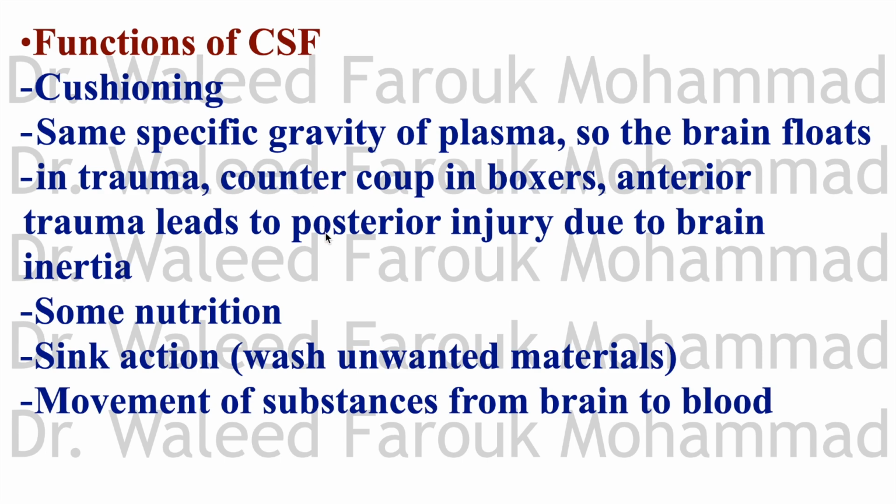In trauma, because the brain is floating, it has inertia. Boxers have what are called contrecoup injuries, meaning the front trauma leads to posterior injury because of the inertia of the brain.